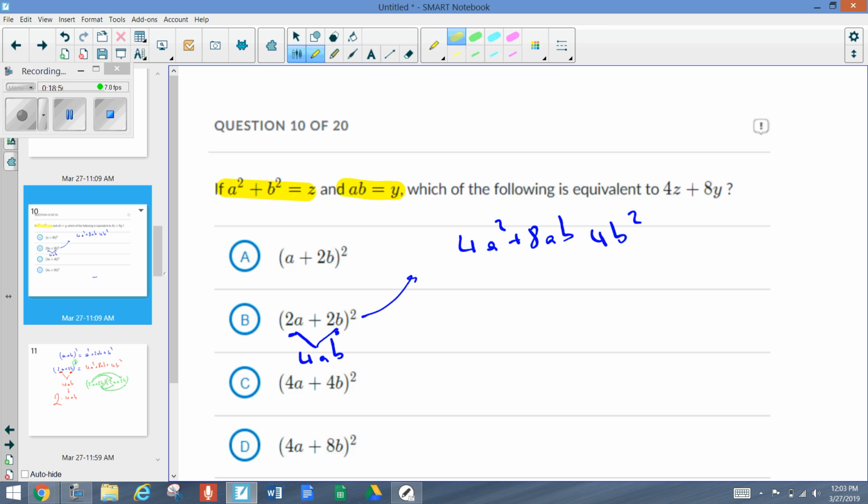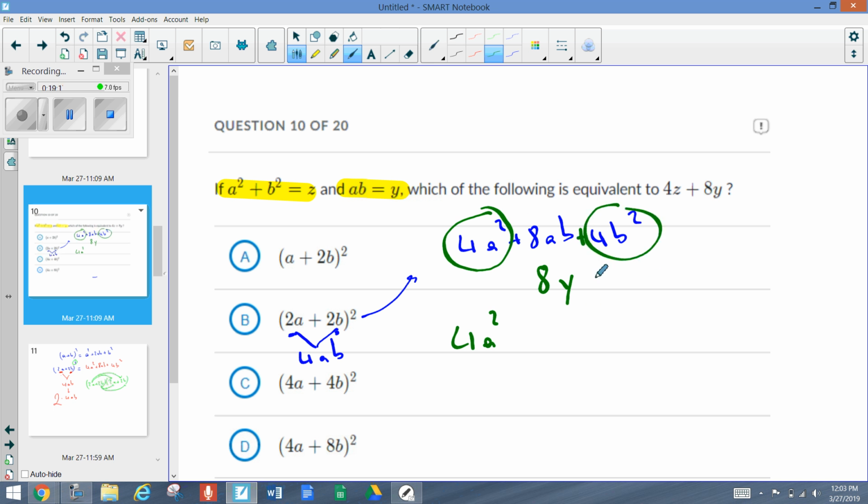We have to use that information, correct? We're supposed to use those. So I know what is AB. 8y, yes. And then I know what is a squared plus b squared. And let me work on that separately. 4a squared and 4b squared, right? I'm going to take out 4.